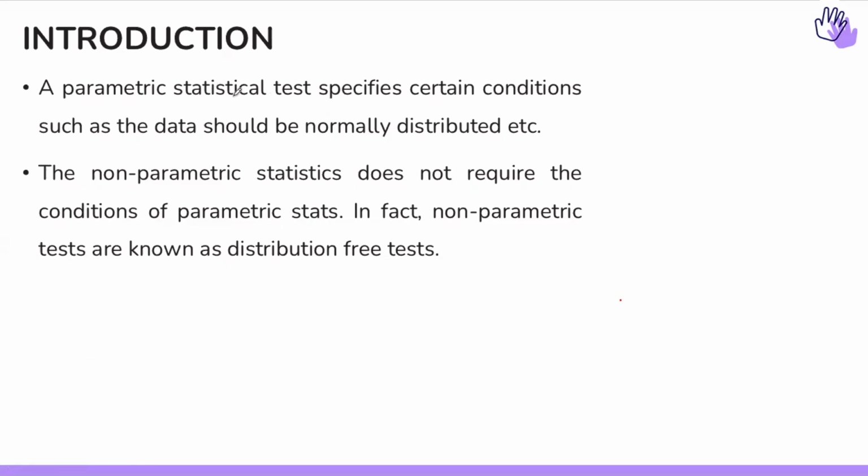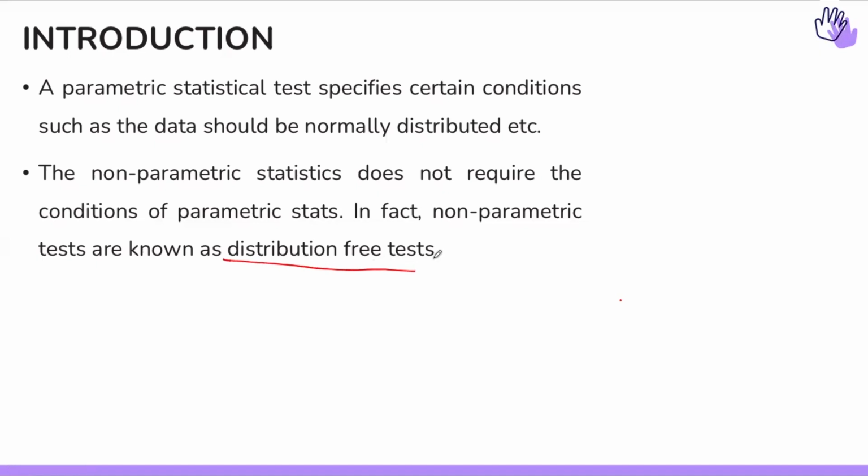A parametric statistical test specifies certain conditions, such as data should be normally distributed, or follow any other distribution. Non-parametric statistics does not require the conditions of parametric statistics. In fact, non-parametric tests are known as distribution-free tests.